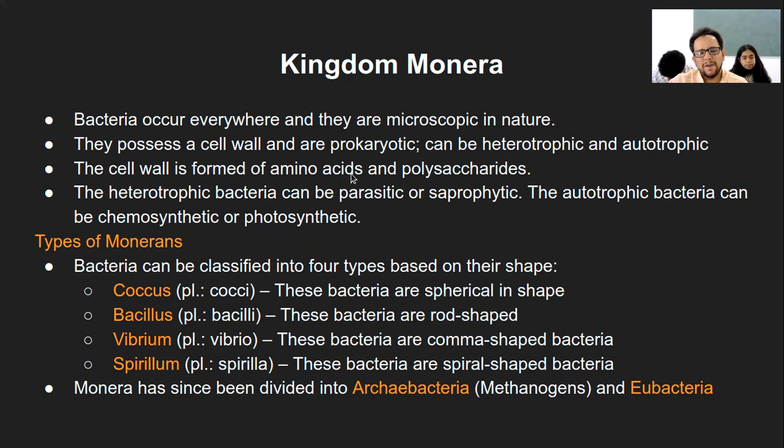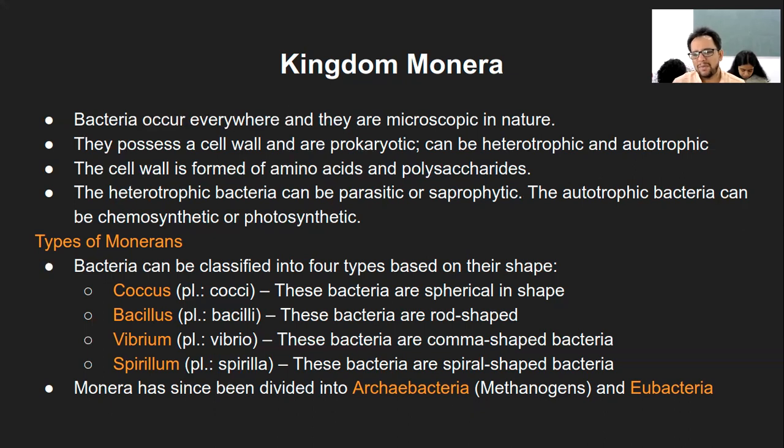Cell wall is made up of amino acids which are nothing but the proteins, and the polysaccharides which are nothing but the carbohydrates. So the heterotrophic bacteria can be parasitic, that means they are totally dependent for nutrition on other living species, or they can be saprophytic, that means they are dependent for nutrition on dead or decaying organisms, right? Something which is dead or decaying, or now degrading over time, will have lots of bacteria and they will be called saprophytic.